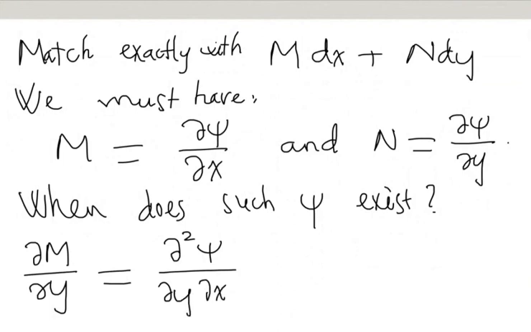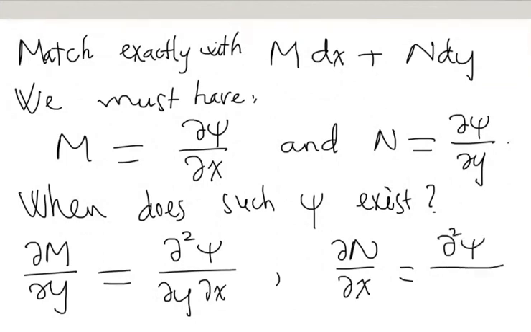So we take the derivative of psi two times, the first time in x, the second time in y. Similarly, if we take partial n partial x, then it's like taking the partial derivative of psi twice. The first is in y and then in x.